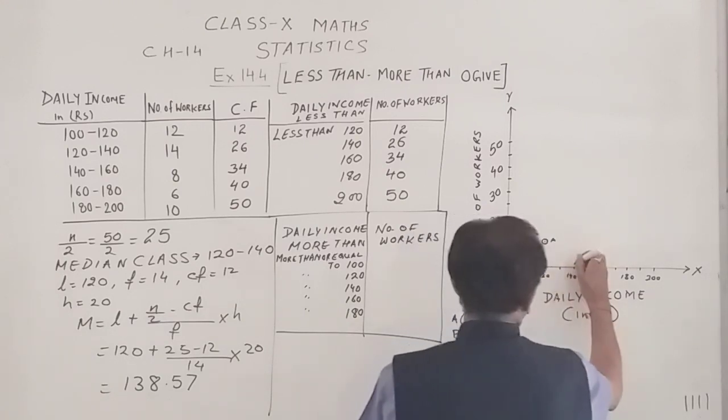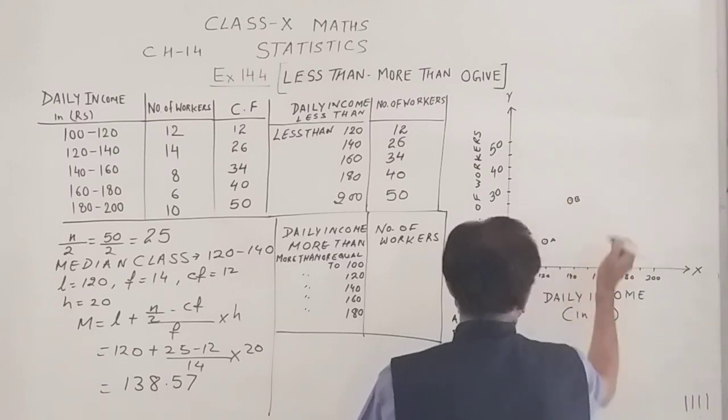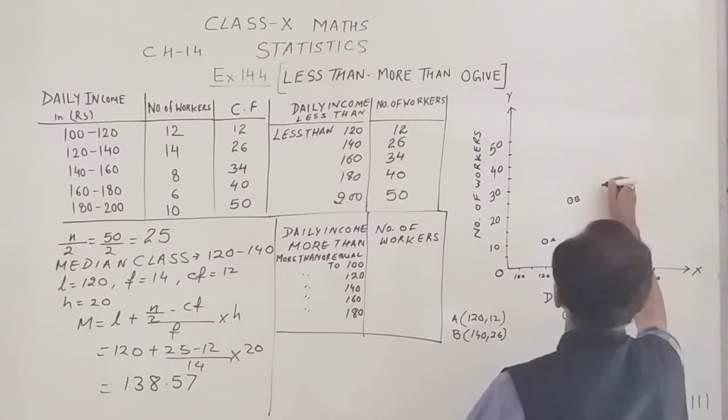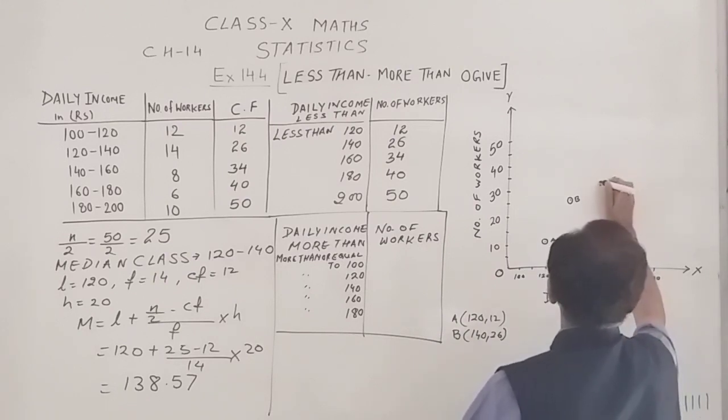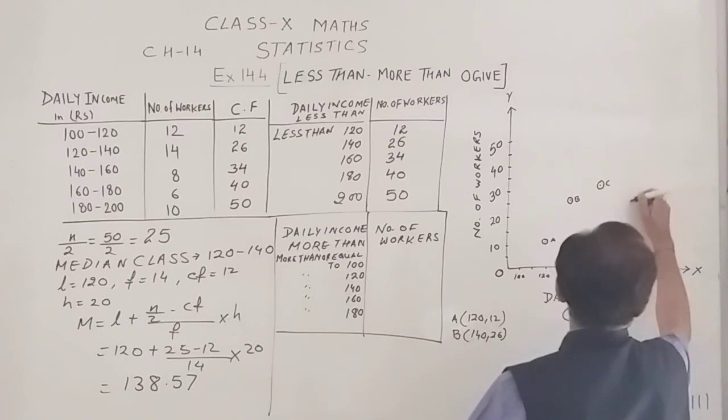140, 26 is somewhere here. Then 160, 34 is somewhere here. 180, 40.